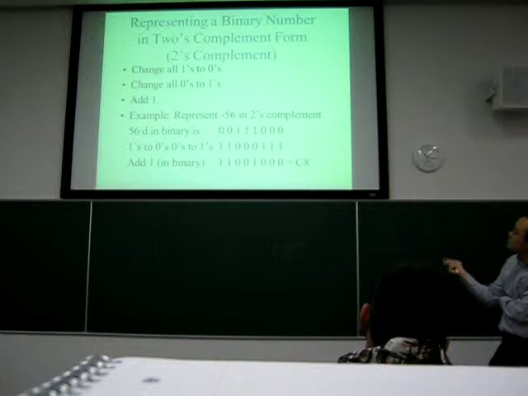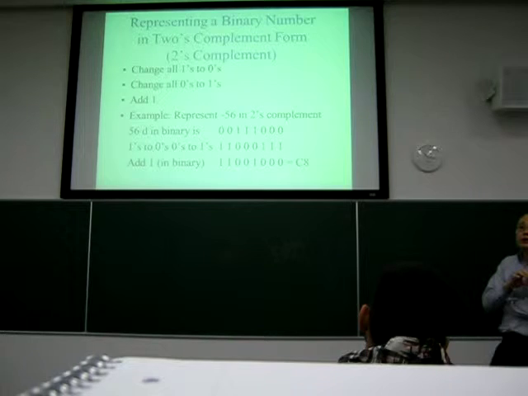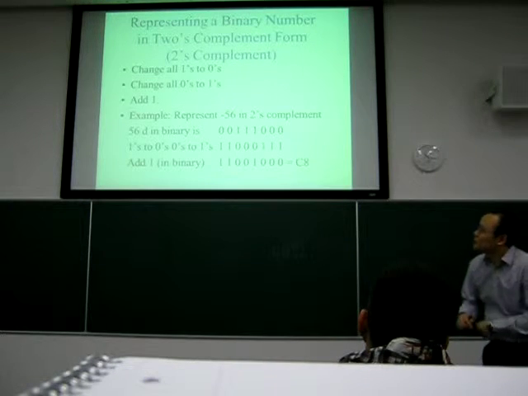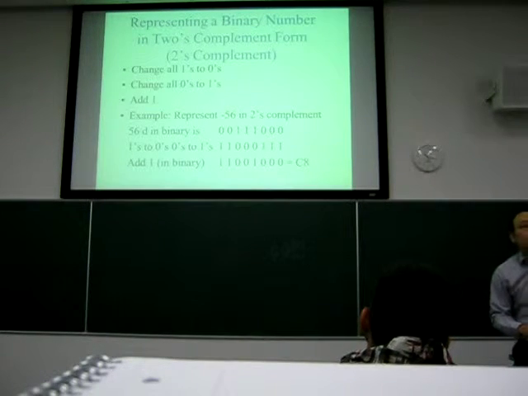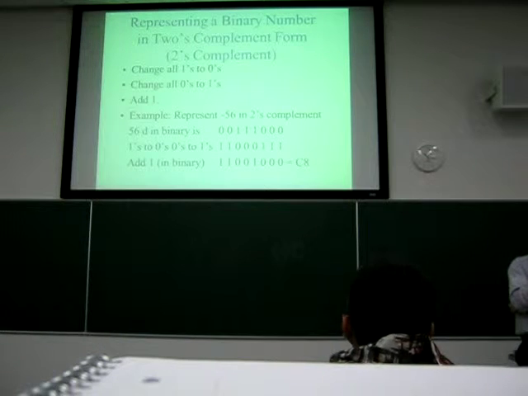And then I add 1 to it. It becomes this number. Is that clear? This is the very, very first question in the exam. How many of you want me to go over that bit again?